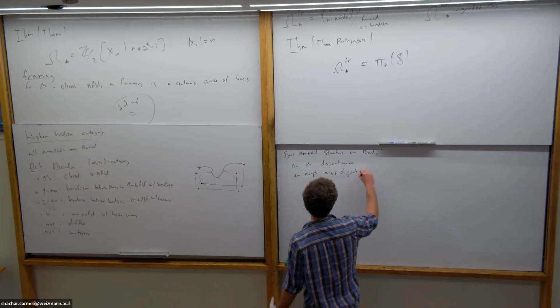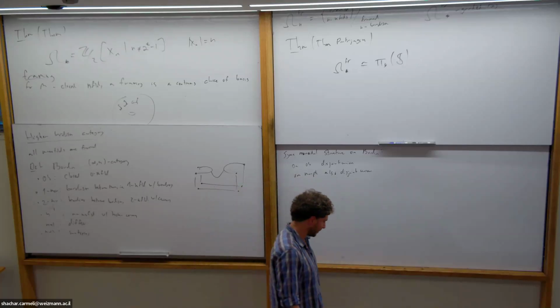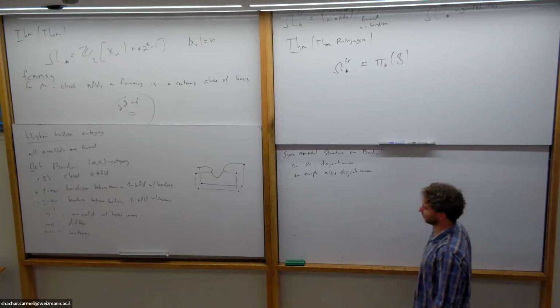We just take the disjoint union of manifolds. Okay, so this exists. Now, what about the multiplicative structure?